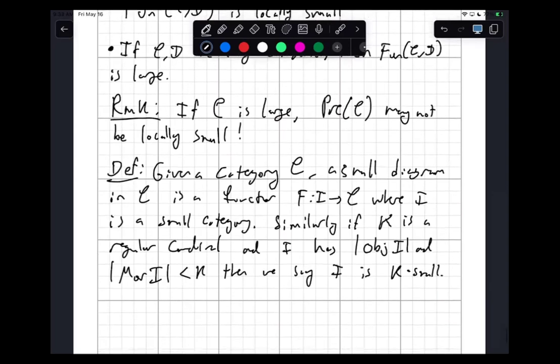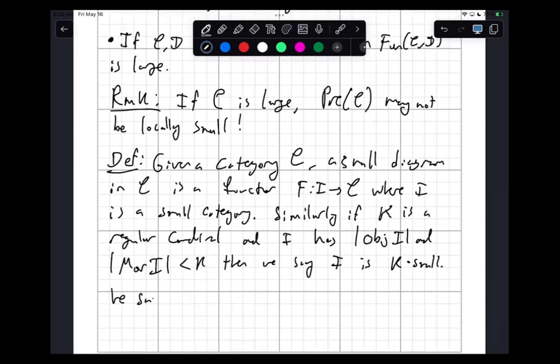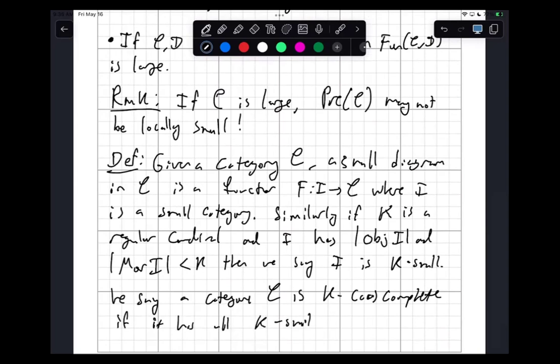Okay. We say a category C is kappa co-complete or complete if it has all kappa small colimits or limits.